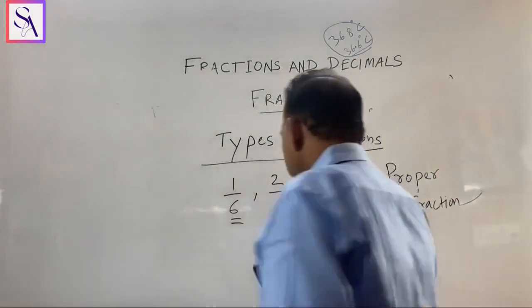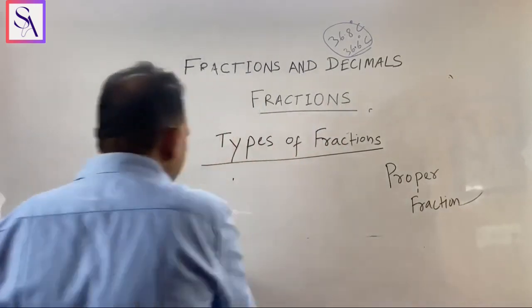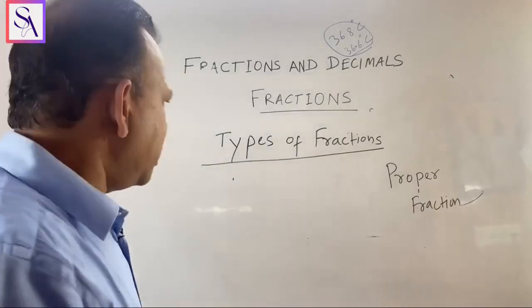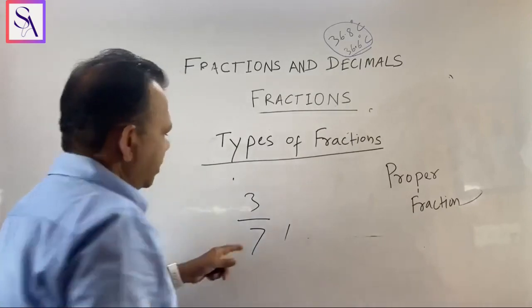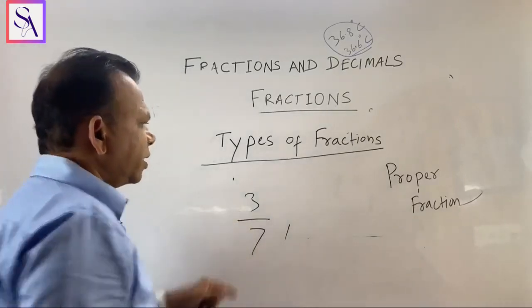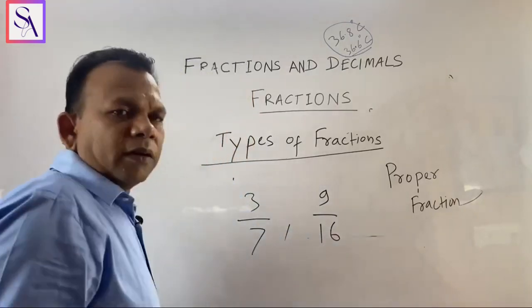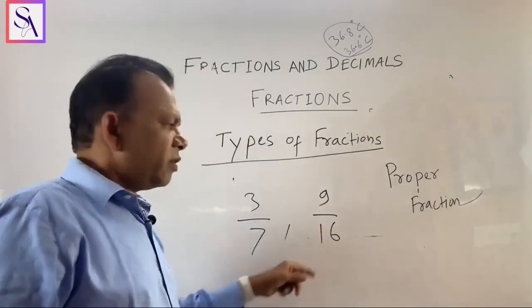So can I give more examples of proper fraction? Can you think of a few examples of proper fractions, like 3 by 7, right? Here also denominator is greater than numerator. 9 by 16, right? This is numerator, this is denominator. So this is also proper fraction.